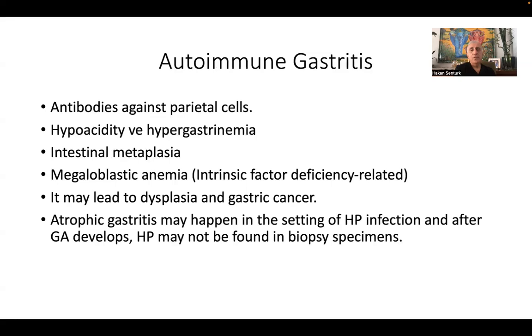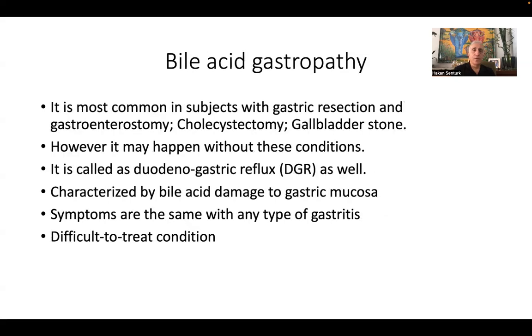In autoimmune gastritis, there is hypoacidity and hypergastrinemia, and megaloblastic anemia due to the deficiency of intrinsic factor, and it may lead to dysplasia and cancer. So in autoimmune gastritis, as I told you, we are very careful about the development of gastric cancer, and we perform surveillance endoscopy.